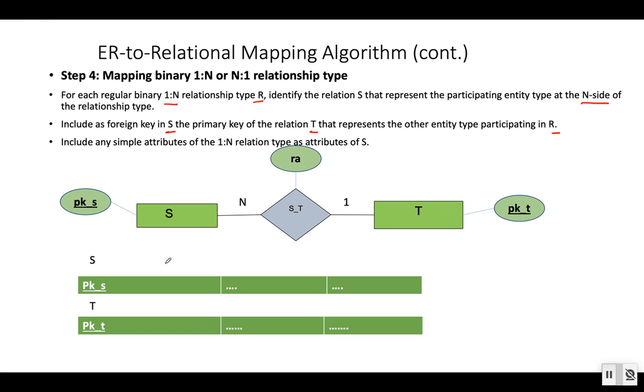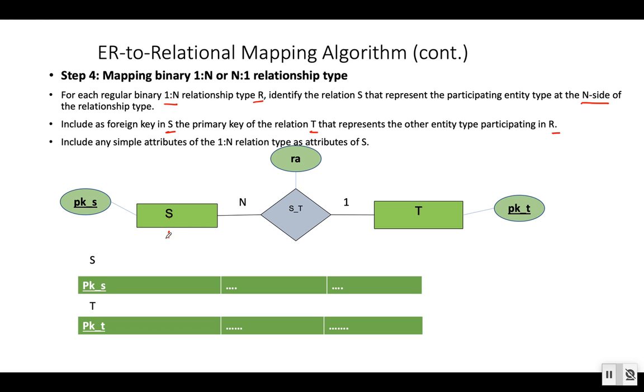From steps 1, 2 and 3, we already have a relation for entity type S and for entity type T. Now we are going to map the n to 1 or 1 to n relationship.